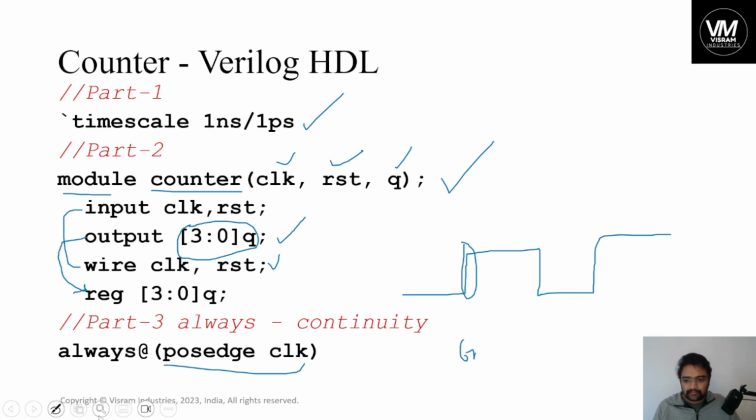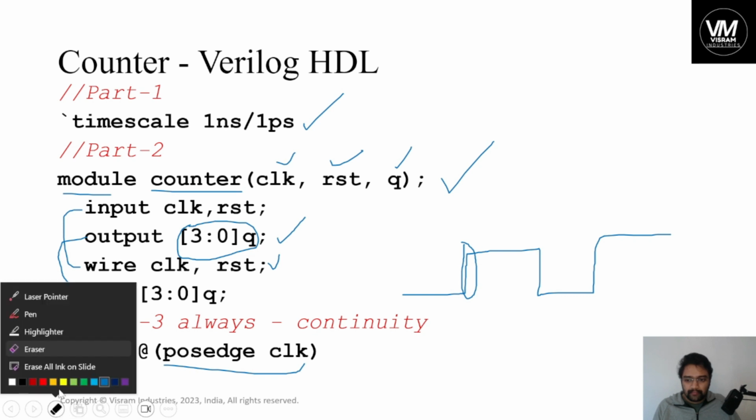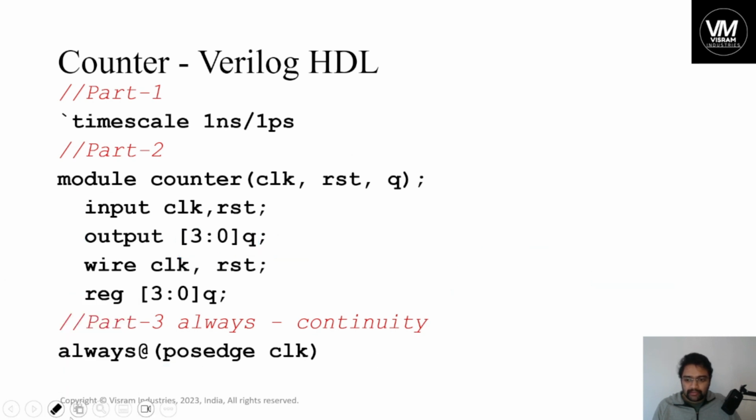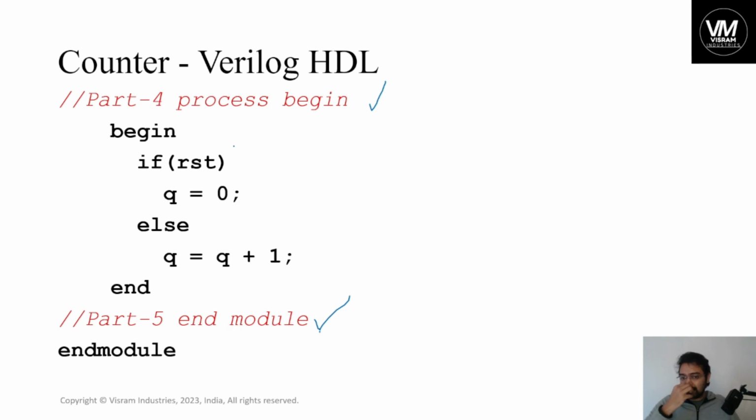So at this positive edge, the clock enables the functionality of the hardware. After that, we go to the beginning of the process. So part 4 is nothing but the process begins.